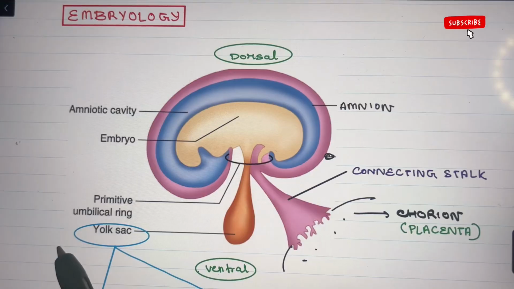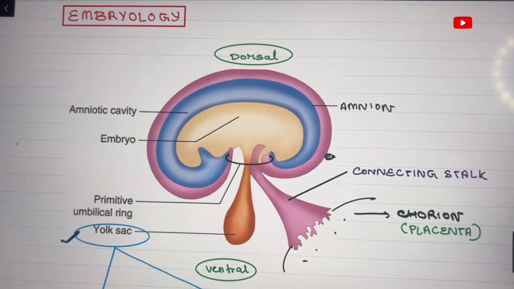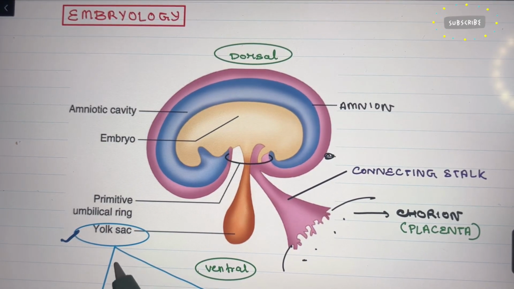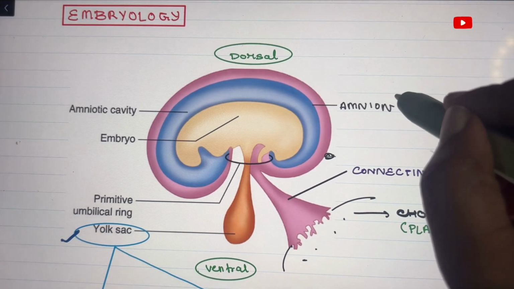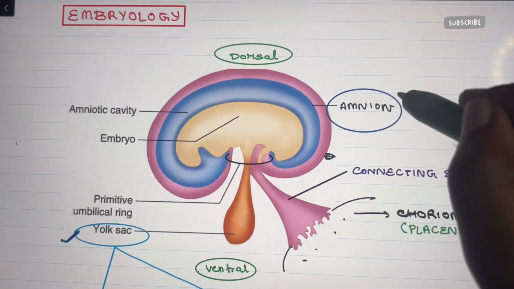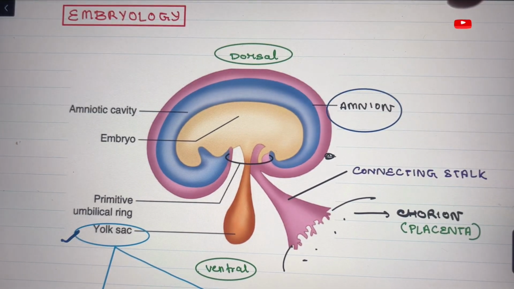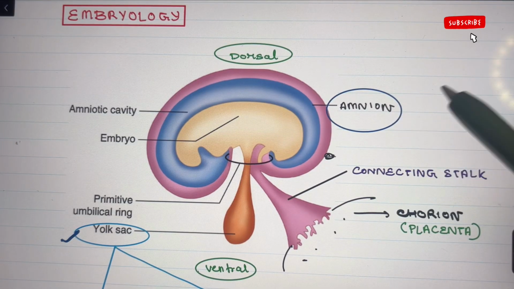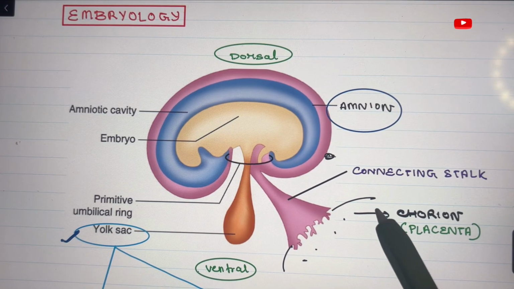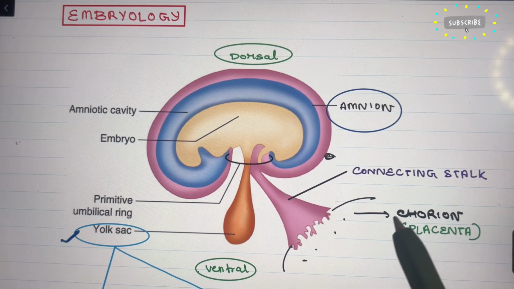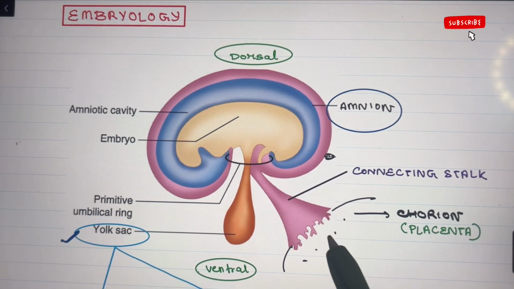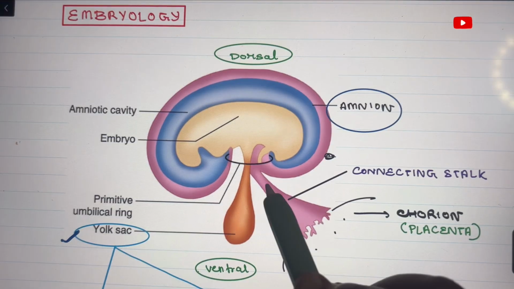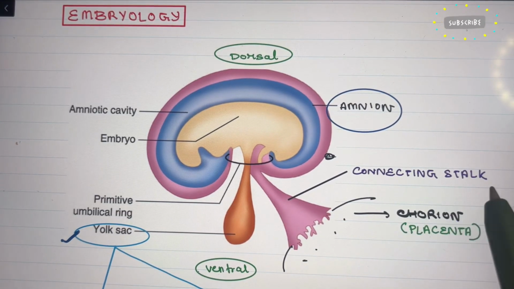Number one, first you have to remember the yolk sac. This is the yolk sac, and yolk sac is present ventrally. Then we have amnion. Amnion is present dorsally. Now here this is the chorion, and this chorion is the future placenta, and this amnion and chorion is connected by the connecting stalk.